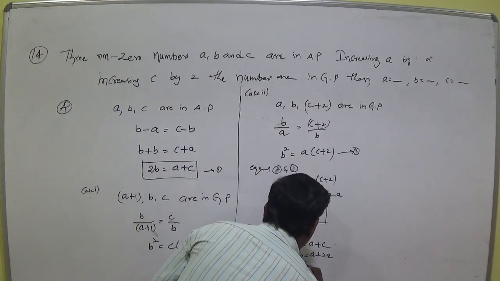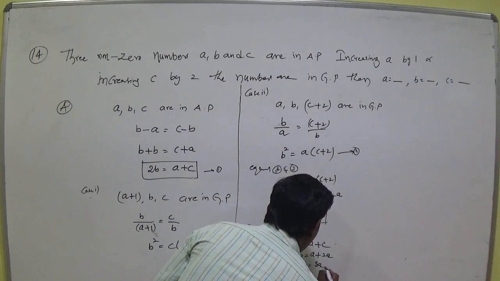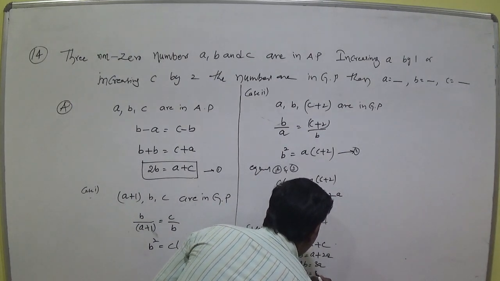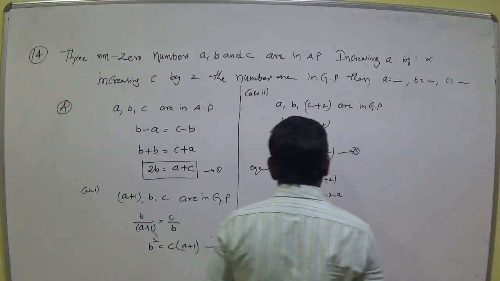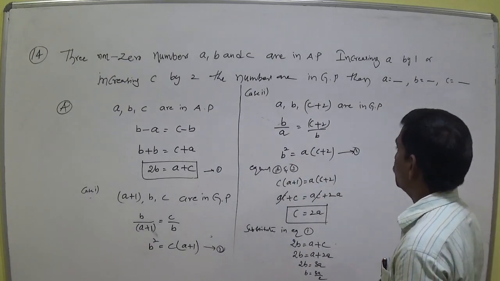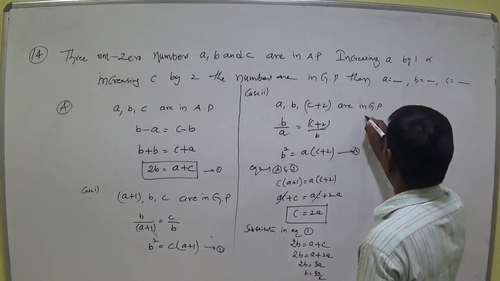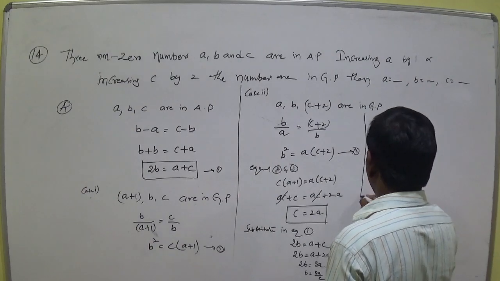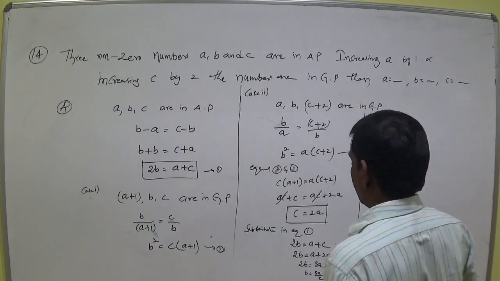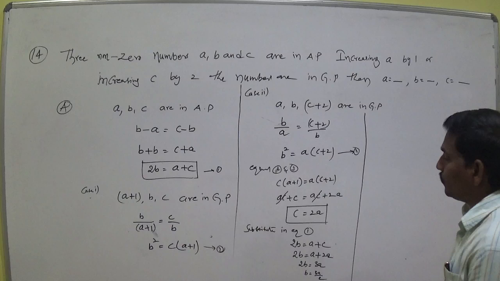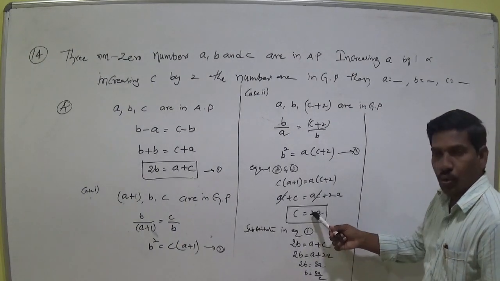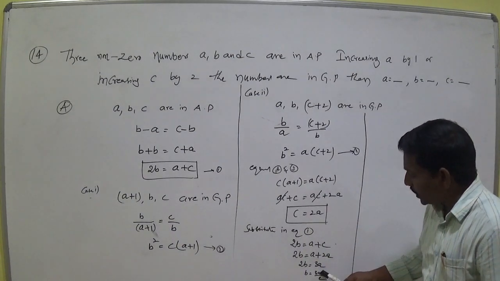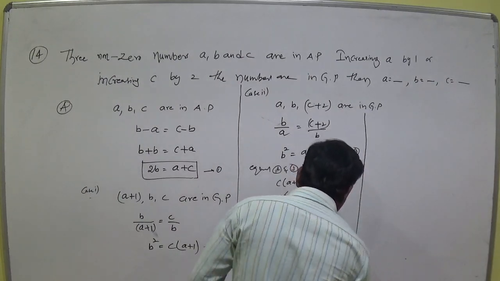That means 2b equal to 3a, so b equal to 3a by 2. And so c equal to 2a and b equal to 3a by 2.